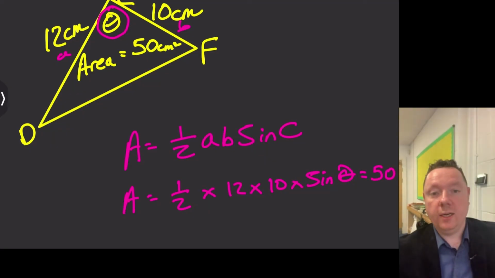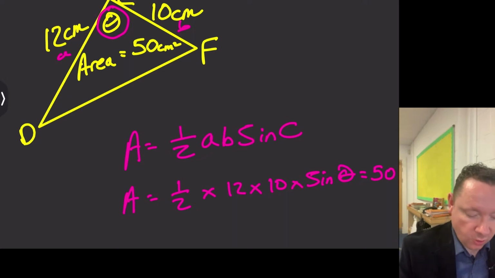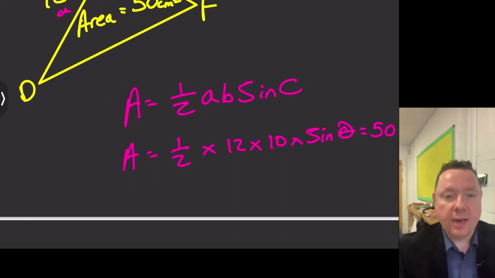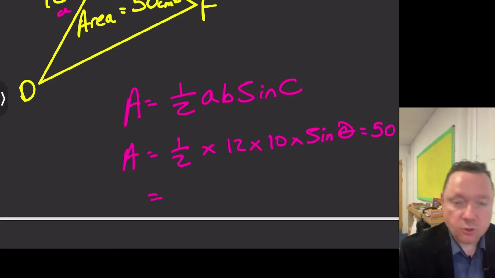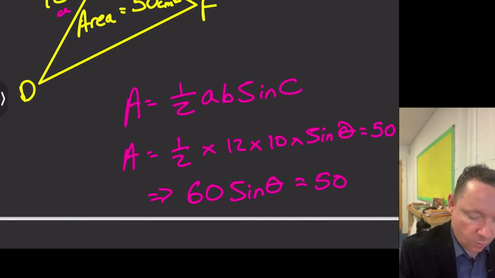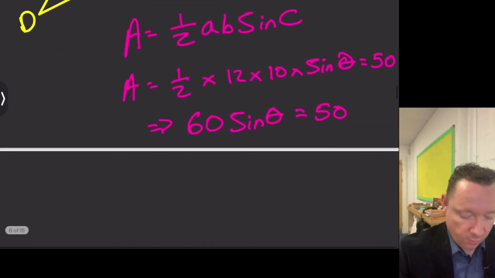And then we're just working backwards. The easiest way to do these is to work out as much as you possibly can on the left, and then at the end you'll know what sine theta is. On my left, a half times 12 is 6, 6 tens are 60, 60 times sine theta equals 50. So now I need to know what sine theta is to work out exactly what theta is.